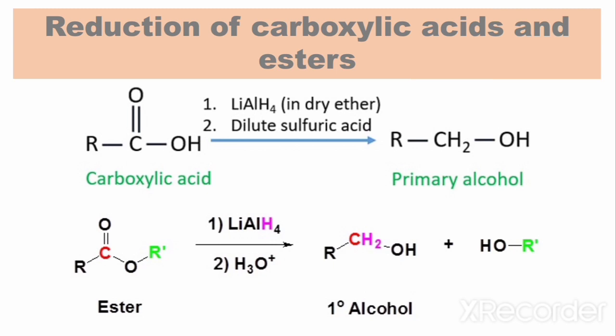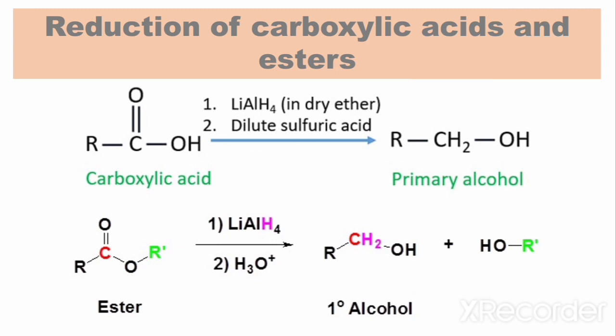And the other example is the ester. Ester contains a carbon that forms a bond with the alkyl group, and a double bond with the oxygen and the other bond with the oxygen, and then this oxygen will form a bond with the alkyl group.